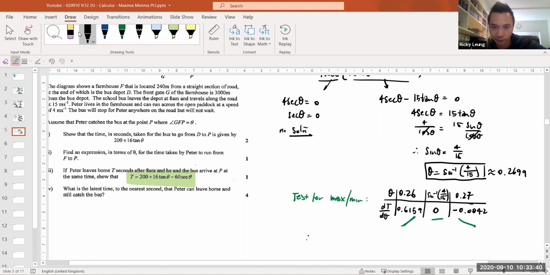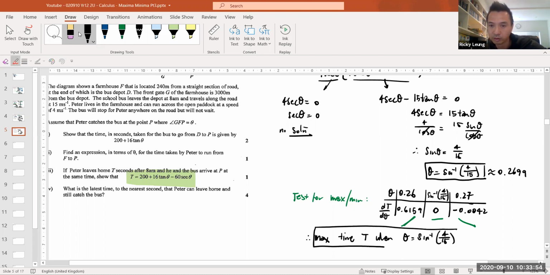So the conclusion is therefore max time T when theta equals the inverse sine of 4 on 15. So step 3, test for max min, done.